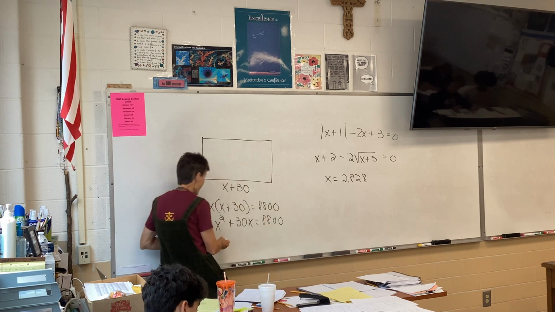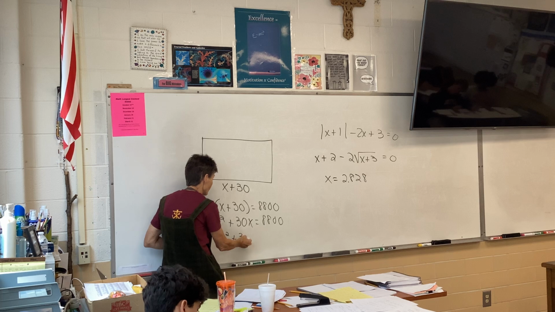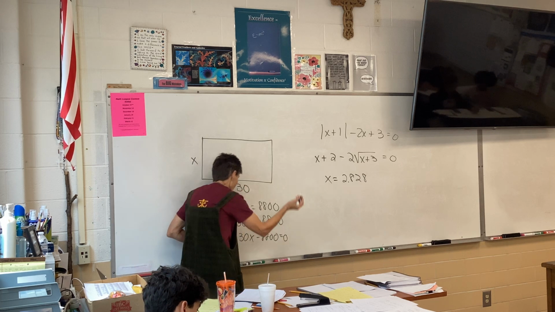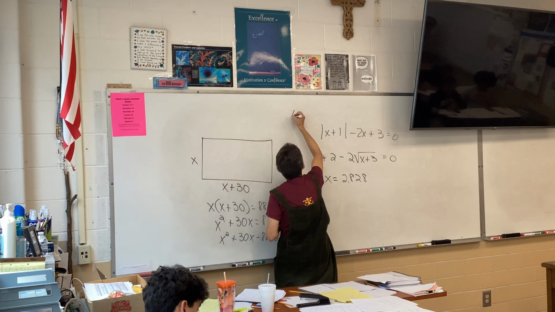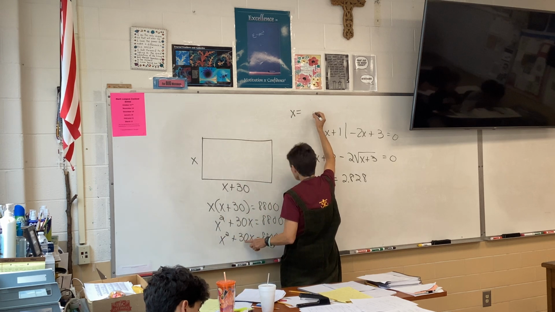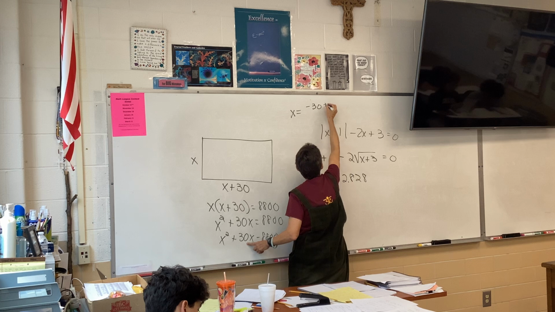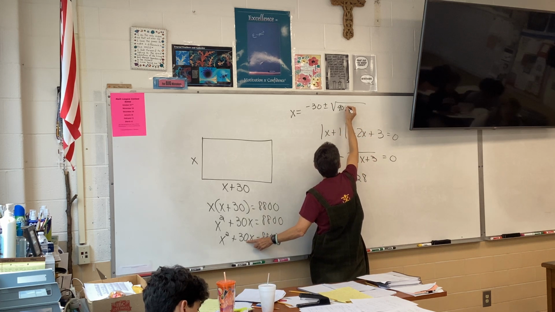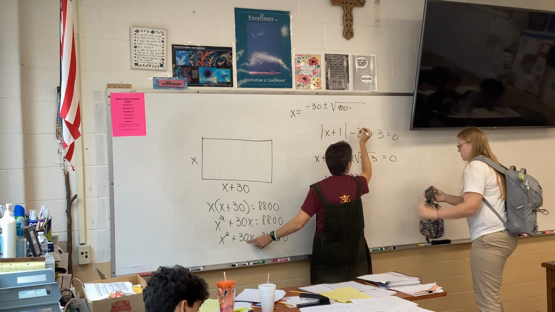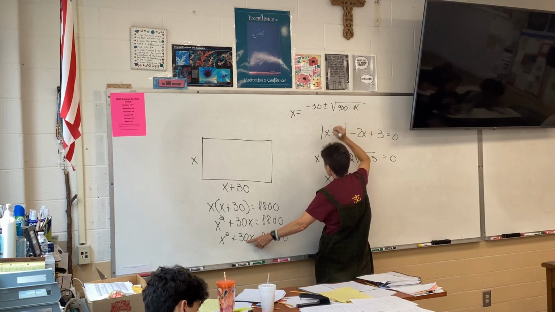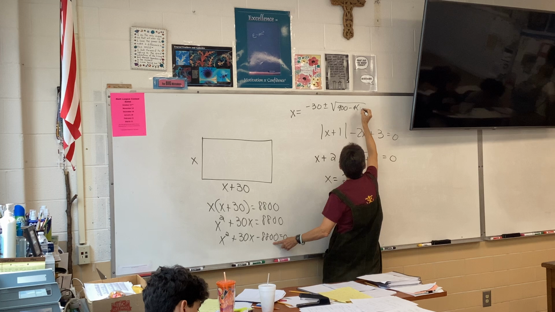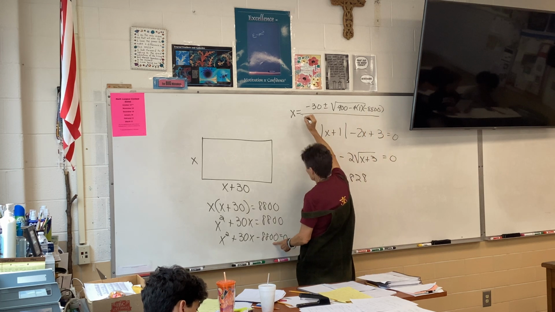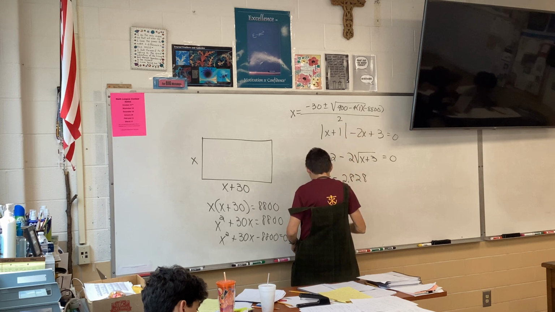But if we're going to do that, we have to have our equation equal to zero, right? So we have x equals negative 30 plus or minus the square root of 30 squared minus 4 times A times C, all over 2A.